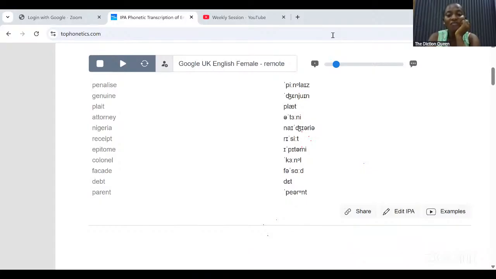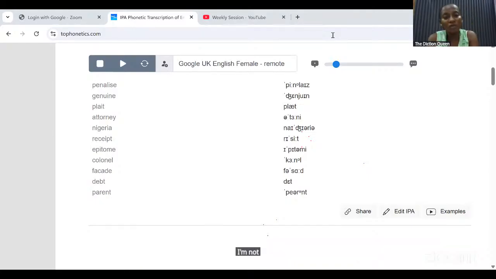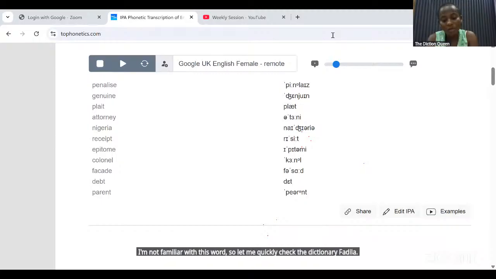Fork, it's not fake. Fork, F-O-R-K, fork. The words are not clear. What aren't clear about it? Is it the pronunciations or the spelling? I'm not familiar with this word, so let me quickly check the dictionary, Fadila. B-R-O, hold on, I'm almost there.